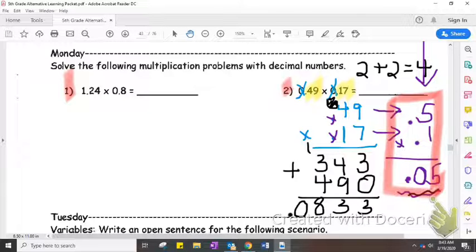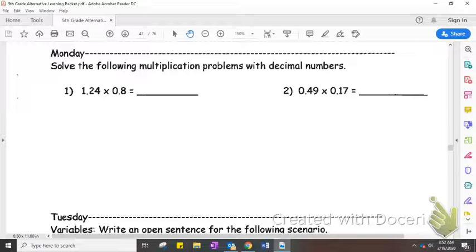That means in the product, I should have 4 digits to the right of the decimal point. 1, 2, 3, 4. Good. Now over here, to reinforce that trick, there are 3 digits to the right of the decimal point, so the answer we got should have 3 digits to the right of the decimal point.